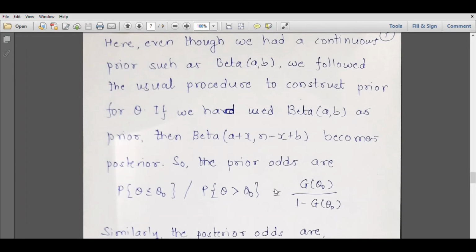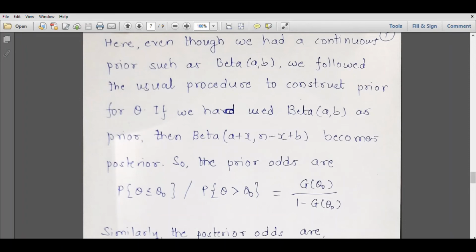Notice that if beta(a, b) is the prior, then G denotes the CDF of the beta distribution with parameters a and b. So the numerator will be simply the CDF G at the point theta naught, and the denominator will be 1 minus G theta naught. Similarly, capital H we have used to indicate the CDF of the beta distribution with parameters a plus x and n minus x plus b.